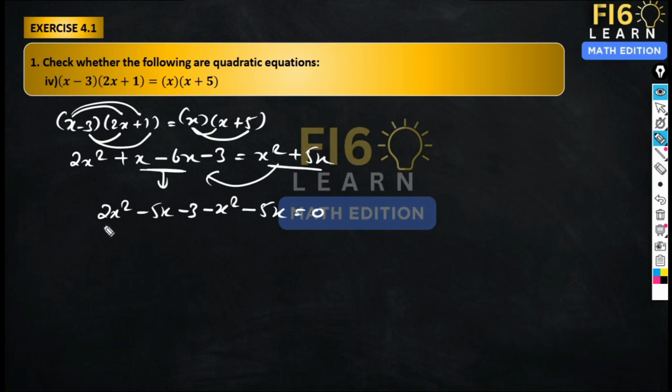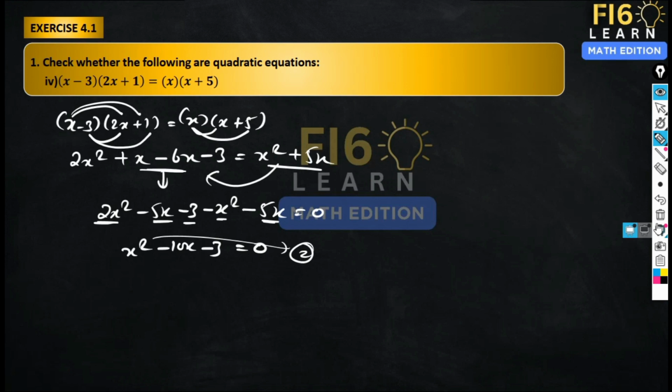Further you can simplify. We have two x square terms. Okay, you can add them together. You will get 2x square, and minus x square will become x square, and minus 5x and minus 5x will become minus 10x, and minus 3 stays as it is. Okay, this thing is equal to 0. Now you can notice the highest power is 2 here, so this is also a quadratic equation.